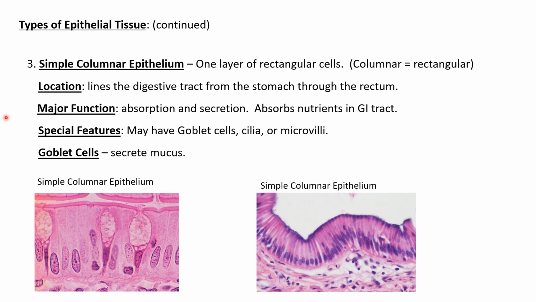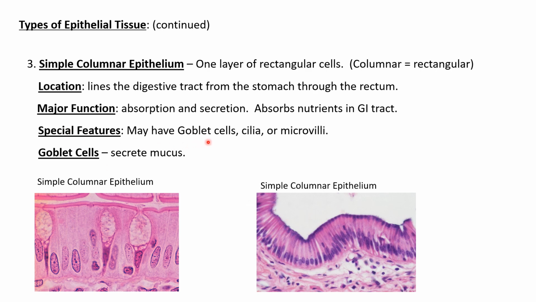They're going to be absorbed through this. And then secretion, secreting things like digestive enzymes, or here are goblet cells which secrete mucus. And the mucus lines the top of it and makes the surface more slick, so it lubricates it.